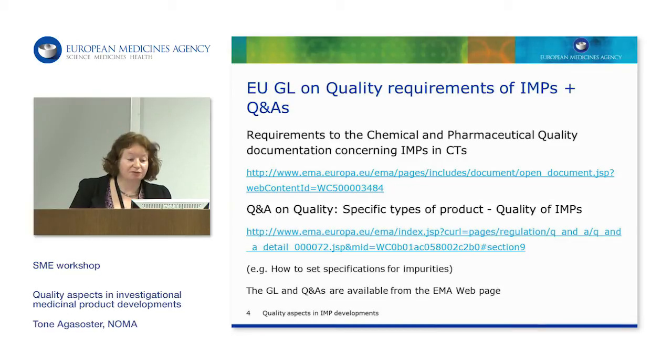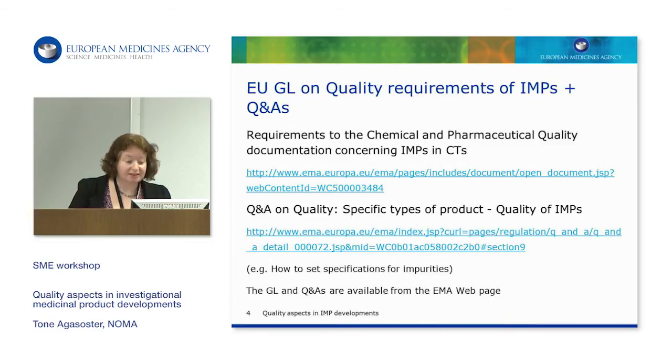But this guideline from the EMA gives the guidance on the required detail of information which is needed for a clinical trial. It is a CHMP guideline which was developed by the Quality Working Party, and it came into force in 2006.